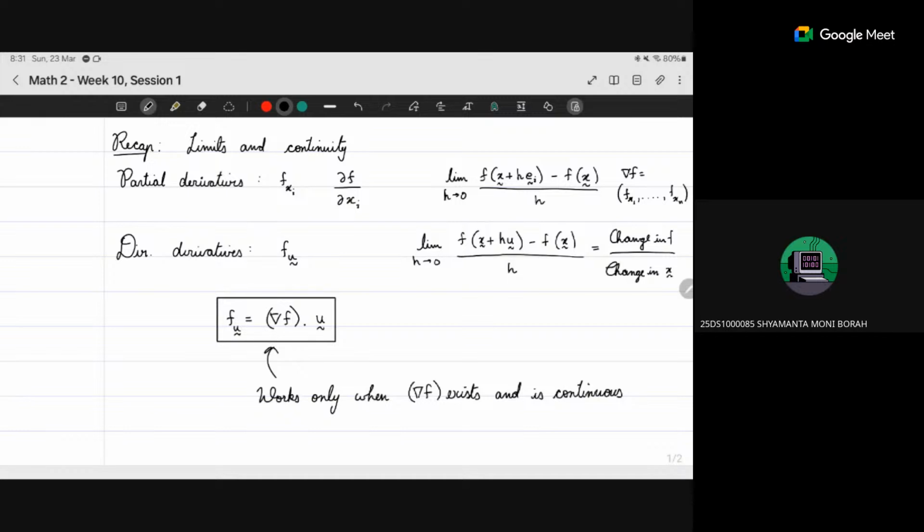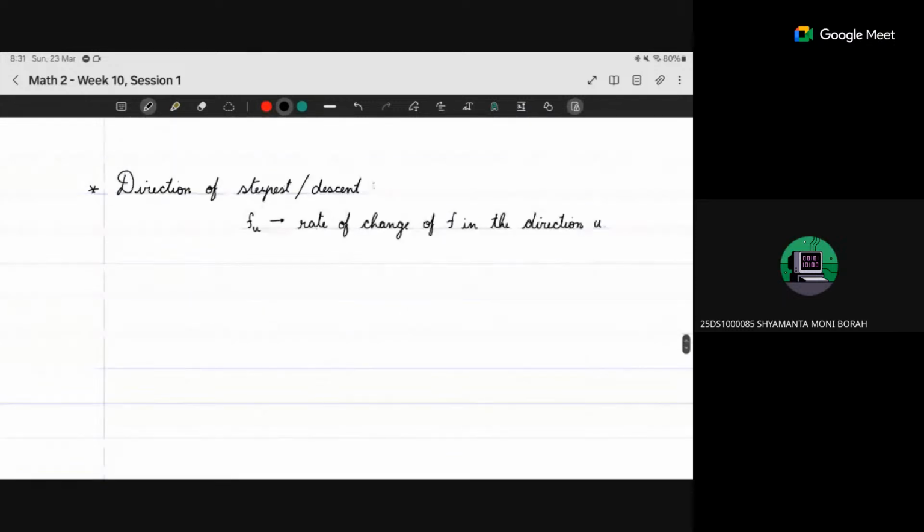So when I go from x̃ to x̃ plus hu, what is the change that happens? That is the numerator. And what is the measure of the change that has happened in the input? That is h. So f_u is the rate of change of f in the direction of u.